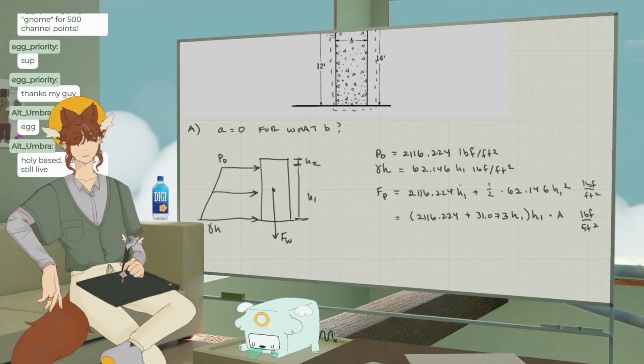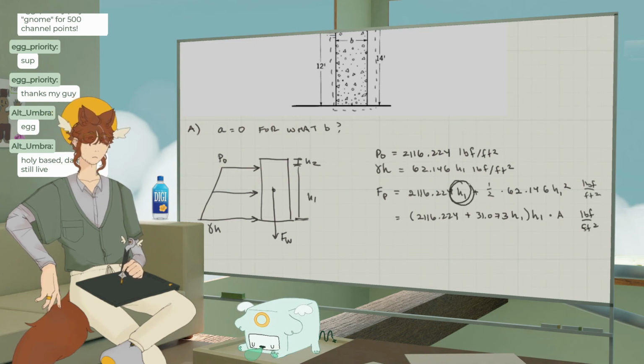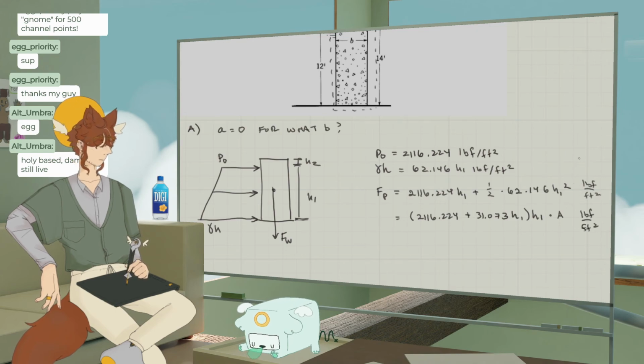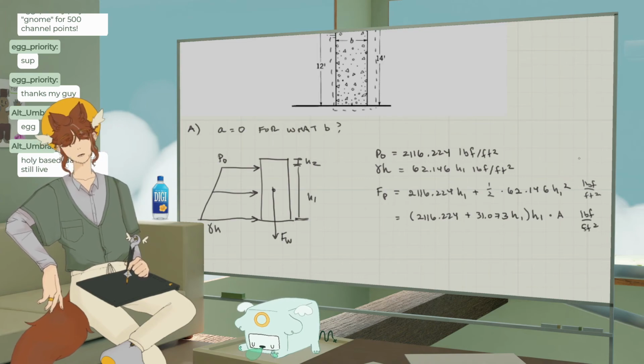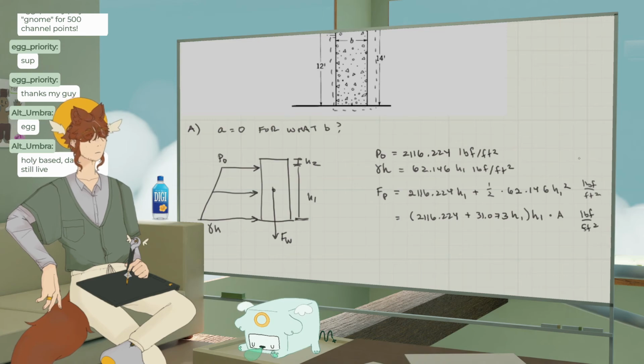Because this is in pounds per foot squared, and this is in pounds per... That's just in pounds. But that H1 is, no, it's in pounds per foot. Which I guess means that we multiply by H?